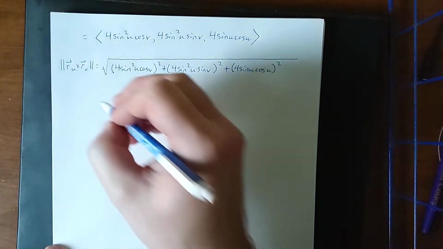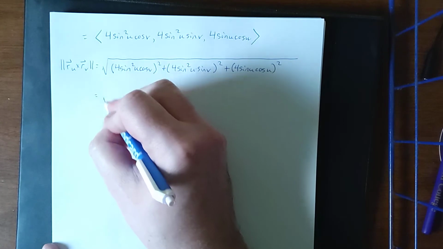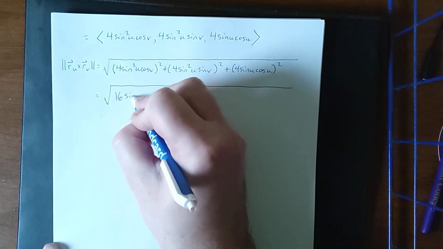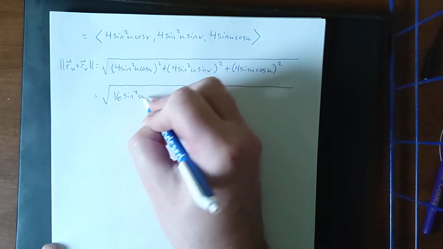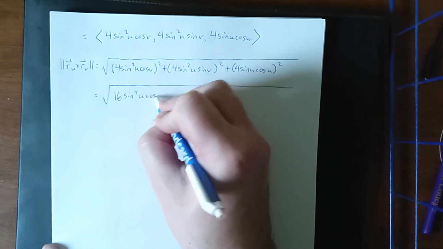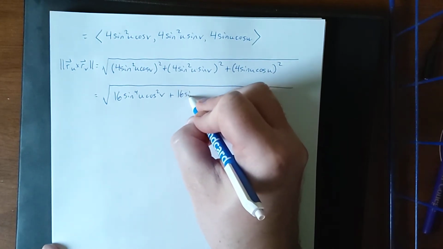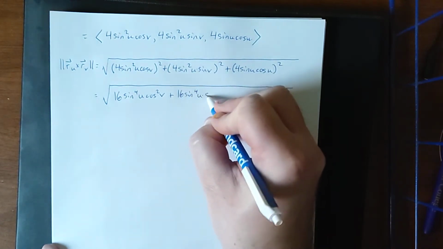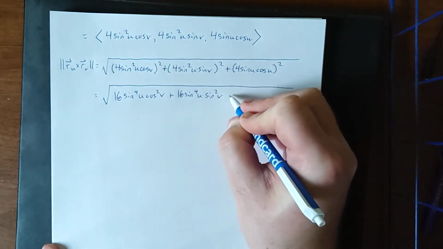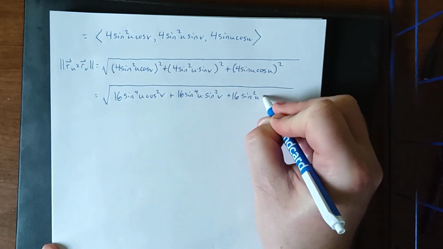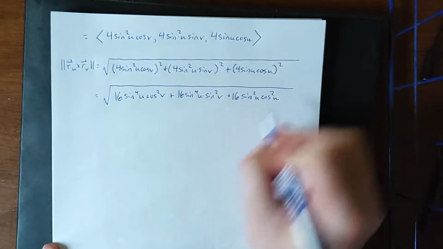So squaring appropriately, we are going to get the square root of 16 sine to the 4th of u cosine squared of v, plus 16 sine to the 4th of u times the sine squared of v, plus 16 times the sine squared of u times the cosine squared of u.